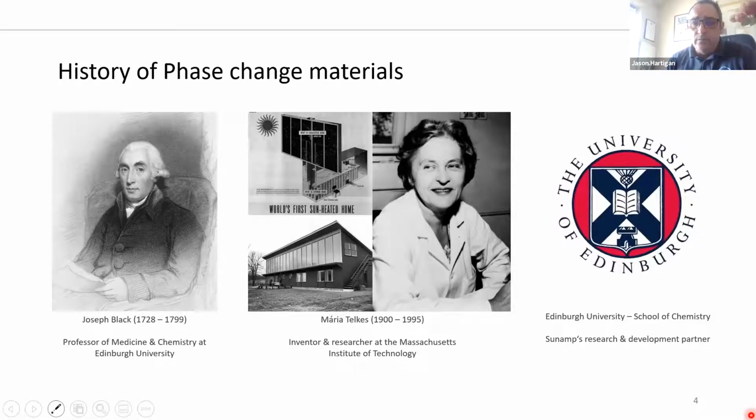So moving on from Maria Telkis's experiments, 70 years later, the University of Edinburgh, the School of Chemistry there, they are our research and development partners, and the university was instrumental in the development of phase change materials, PCM 58.